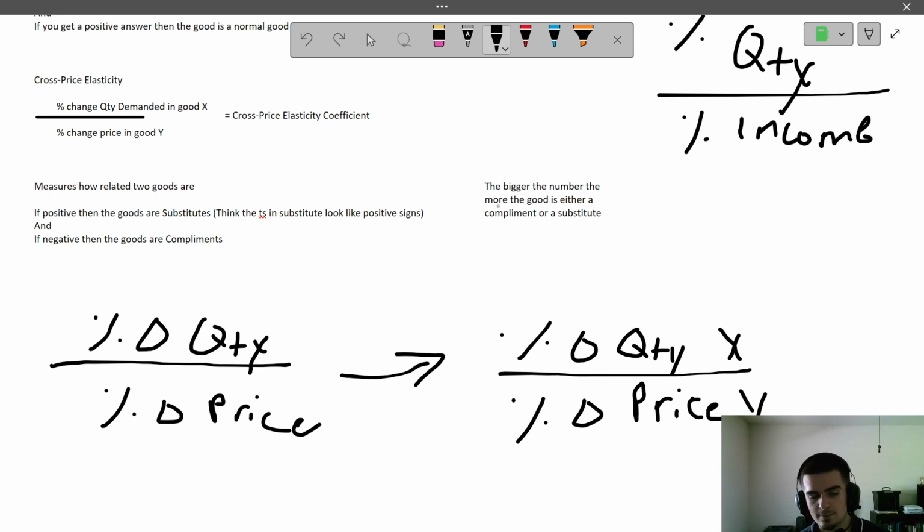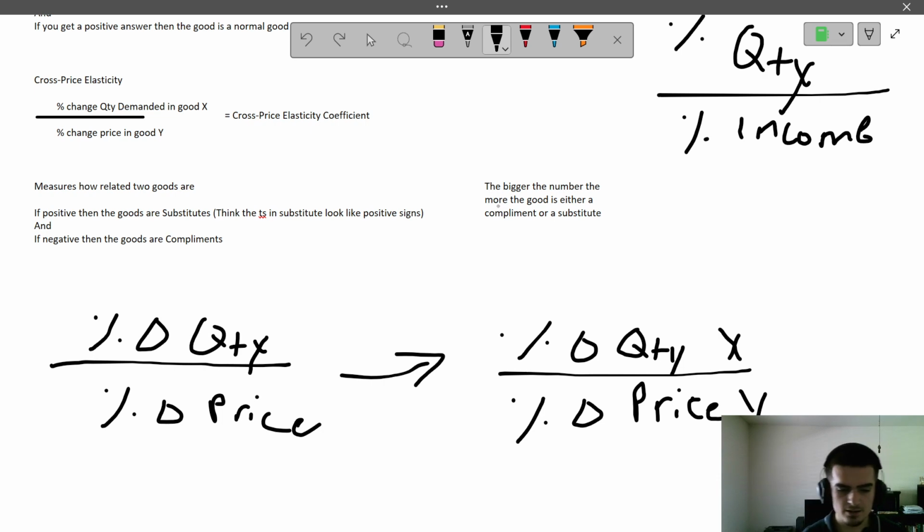The bigger the number is, the more that the good is either a complement or a substitute. So if you get a really big negative number, then it's going to be a really close complement. If you get a really small negative number, then they're kind of complements, like they're sometimes brought together, but it isn't necessarily that close of a complement.